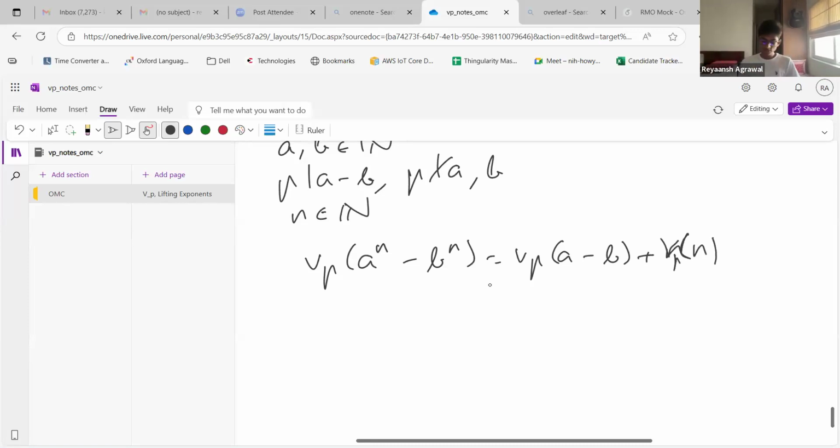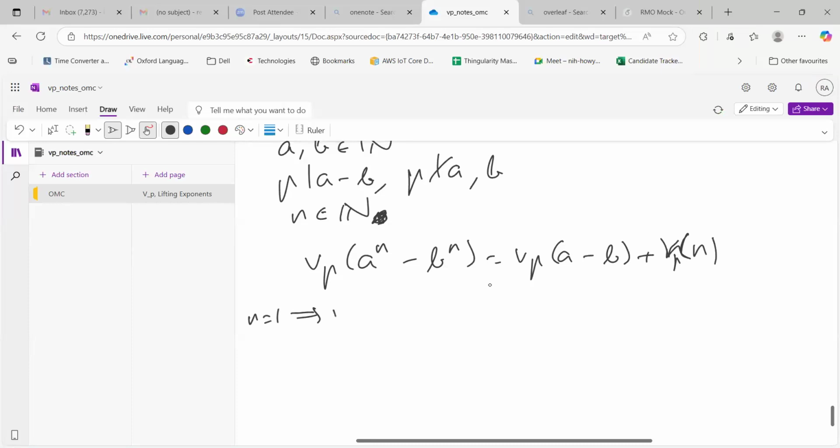So first of all, if n is equal to 1, what happens? Can anyone tell me? It just asks us to show that vp of a minus b is equal to vp of a minus b.